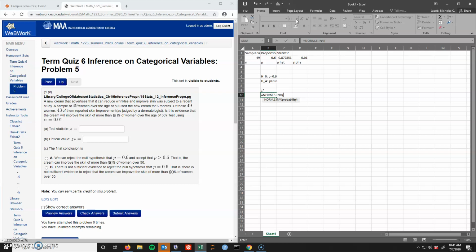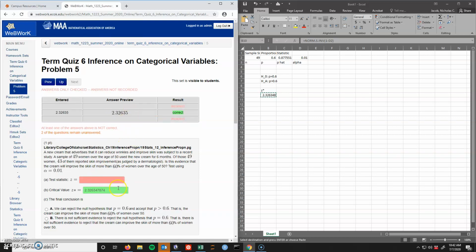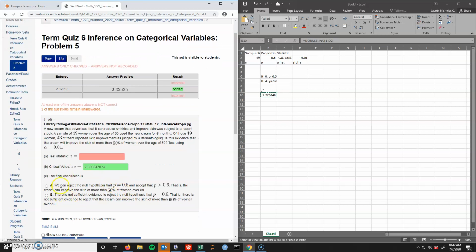So what I want here is 1 minus my alpha. Again, if you happen to have a two-tailed test, you would have to divide this by 2, but this one happens to be a one-tailed test. Okay, so let's see if we got that right. Notice me copying and pasting. I'm going to go ahead and check, and I did get that correct. Awesome. I think everybody will get this part correct because you can just keep guessing, right?